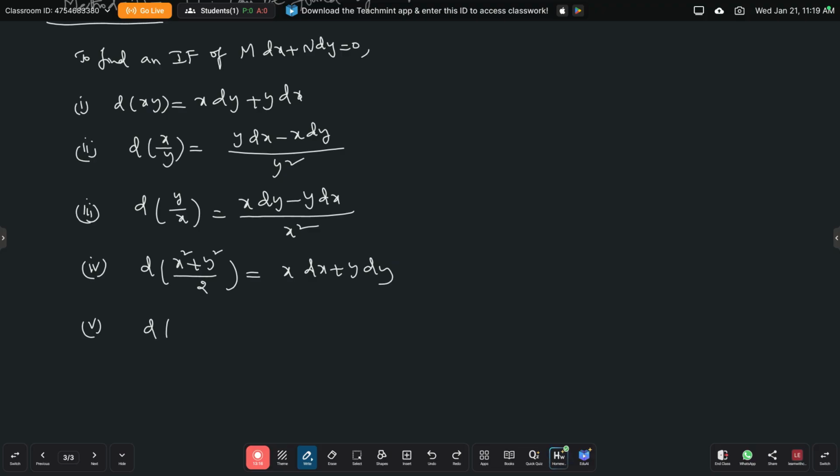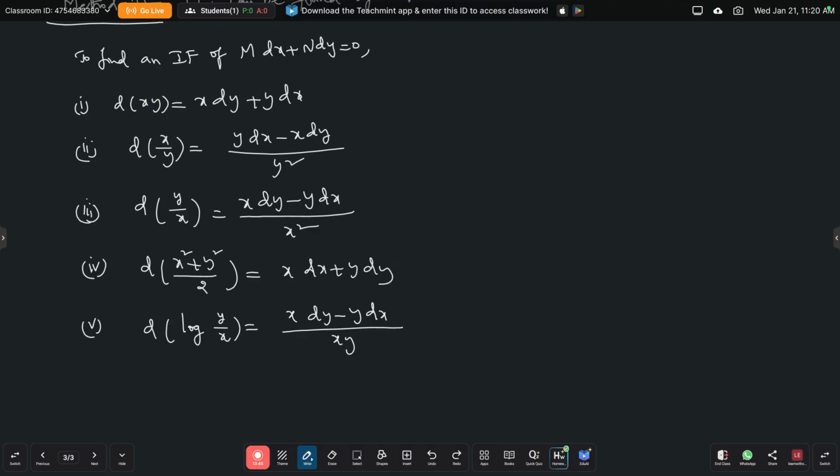Next, log function. d of log y by x. For example, this is our function that is to be converted. So y by x, already we have seen the formula, x dy minus y dx by x square. 1 by x, log x derivative we can calculate. So this leads to x dy minus y dx by xy. This is the simple derivative that we have calculated for d of log y by x.